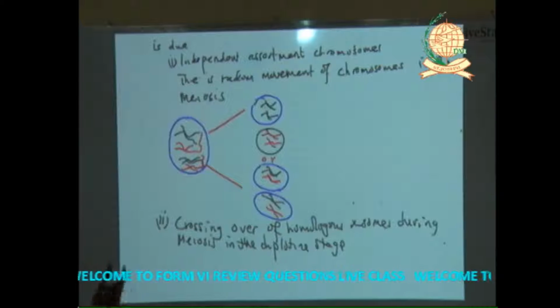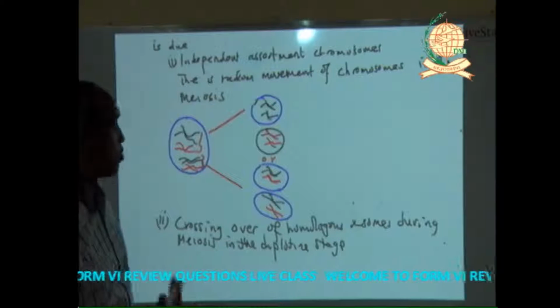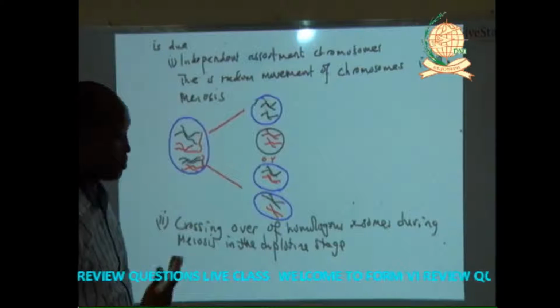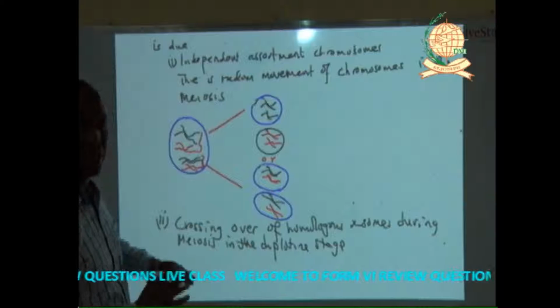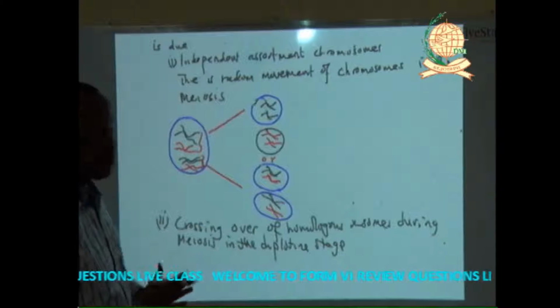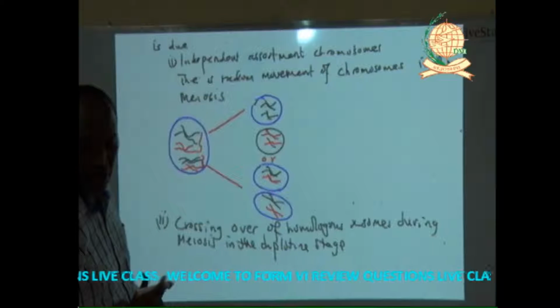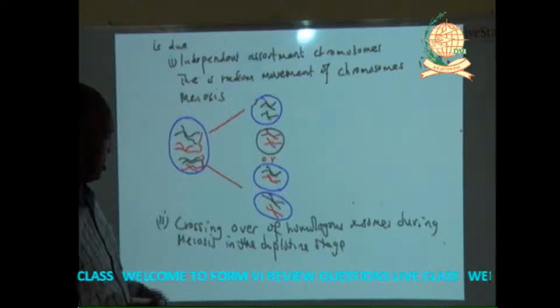So the crossing over of homologous chromosomes results in chromosomes with a new gene combination, by chiasmata formation and then breakage, and the new chromosomes which will be formed have a new combination.